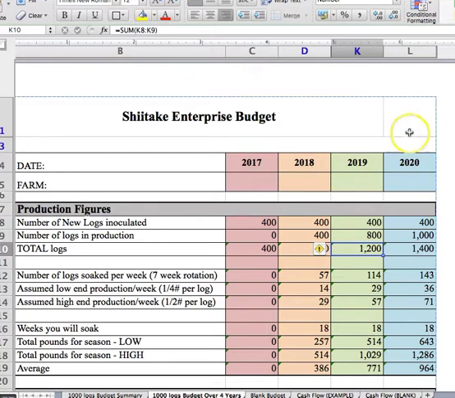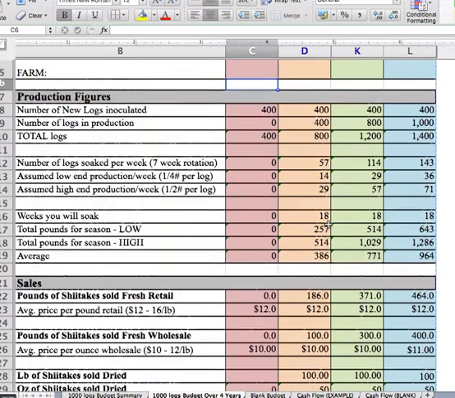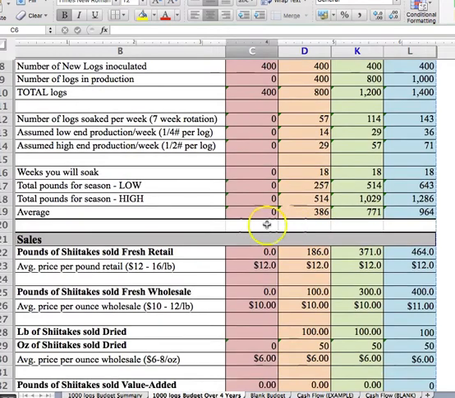So then you can really look at what does this look like in the beginning and as I scale up. And of course, again, you can change these things and think about how you want to go over time. You might say, I'm going to go for 1,000 logs, but I'm going to do it over 6 years or 8 years. And you can always just add columns onto this if you want to. So this gives a better sense of the reality of how the scaling up goes.